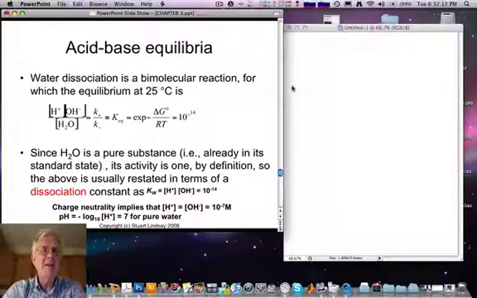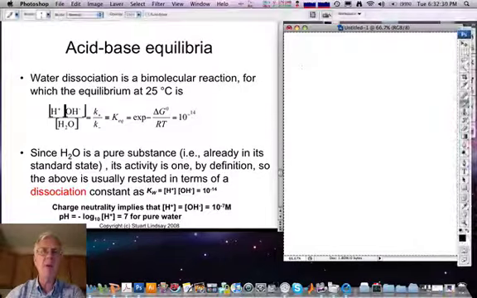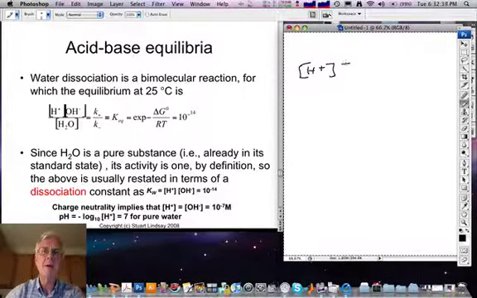Since water is a pure substance, its activity by definition is 1 when it's in the normal liquid state. And therefore one can rewrite this definition of the equilibrium constant for the dissociation of water as follows. Of course, all divided by 1.